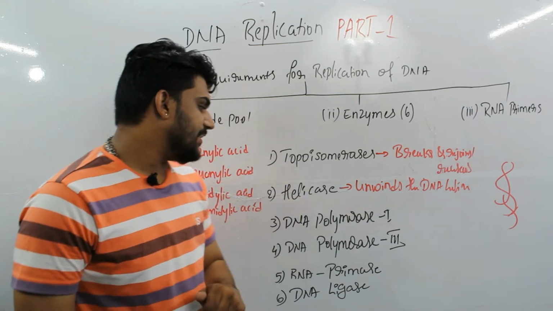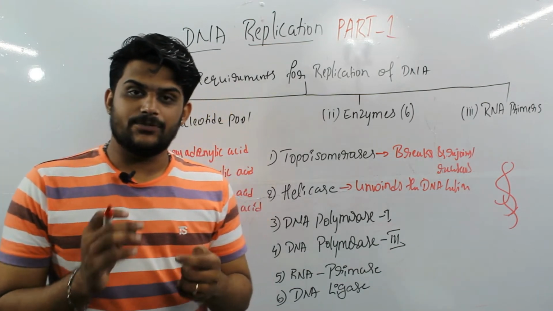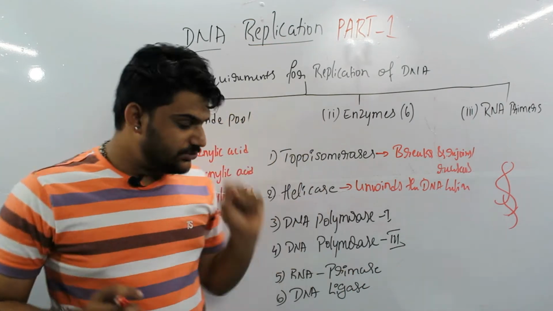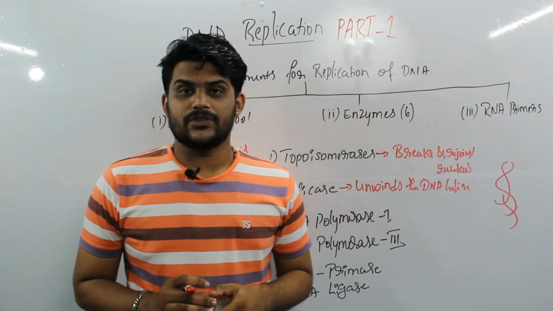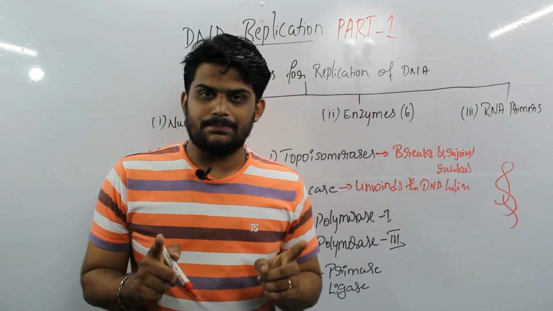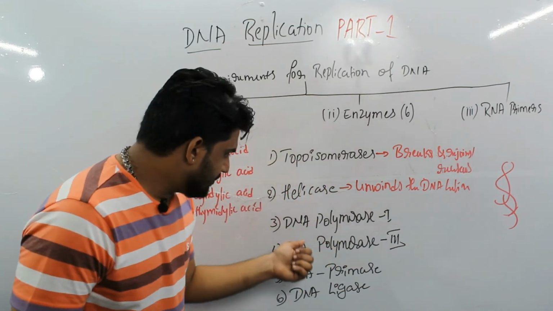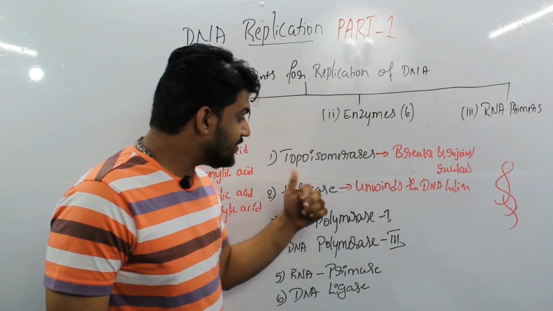And the next one is DNA polymerase 1. This DNA polymerase 1 is an enzyme which repairs and also fills the gap. So during the replication, if any gap is formed between the nucleotides, this DNA polymerase 1 is going to fill that gap, and also it repairs.